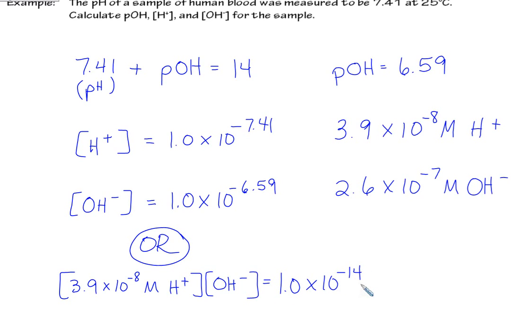Either way, you should get the same answer. So just be aware that all of these equations are given to you in the packet. pH, pOH, hydrogen times hydroxide equals 10 to the negative 14th, as well as pH plus pOH equals 14. So practice a couple of these in the homework, but this pH stuff should maybe ring a bell.